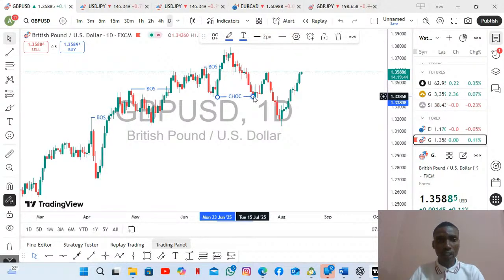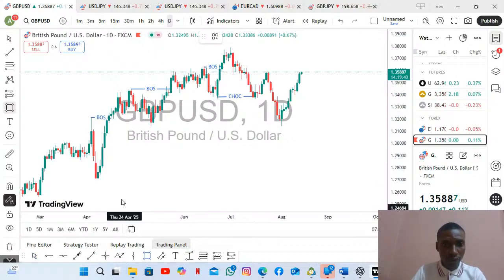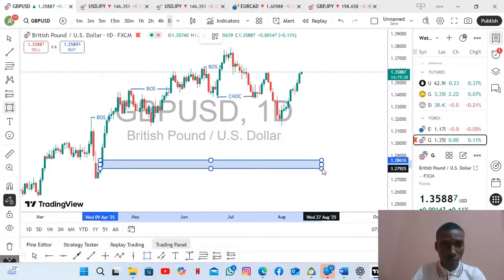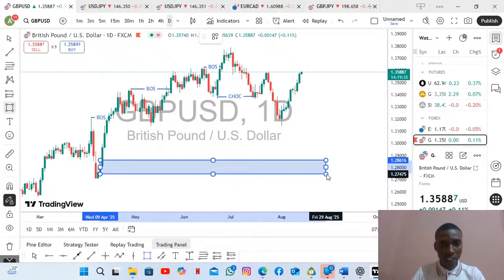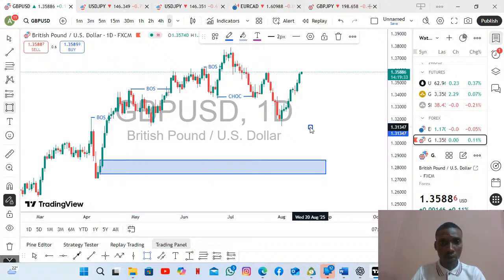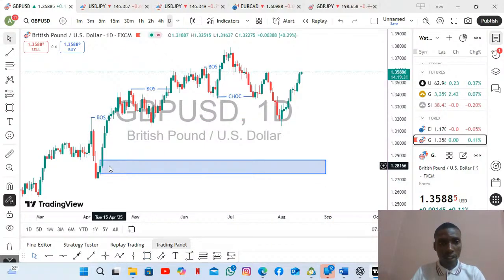But let's see very well. If you look at this first break of structure, we can see that the first valid order block is here, because the market has always been in an uptrend.